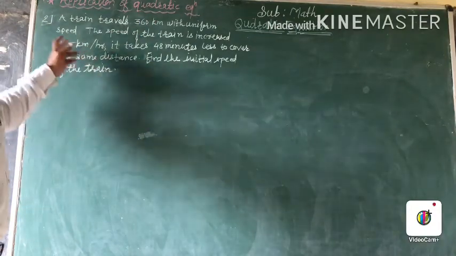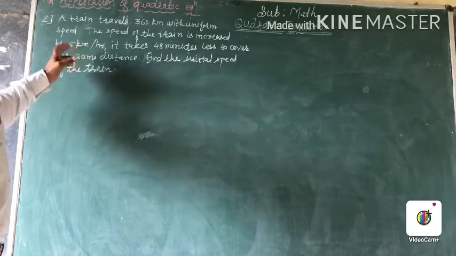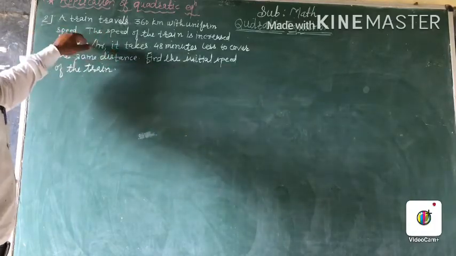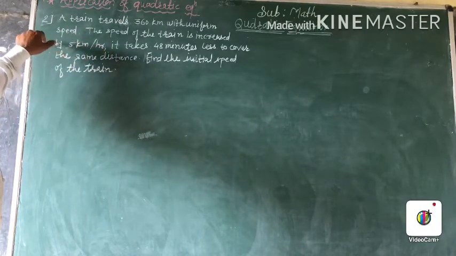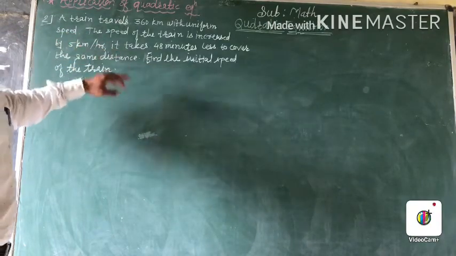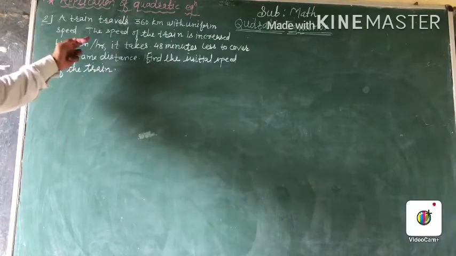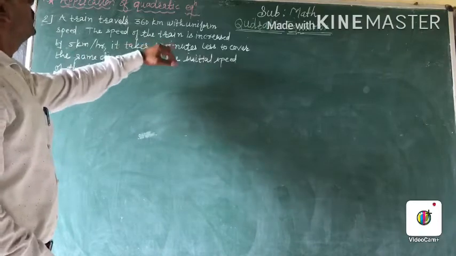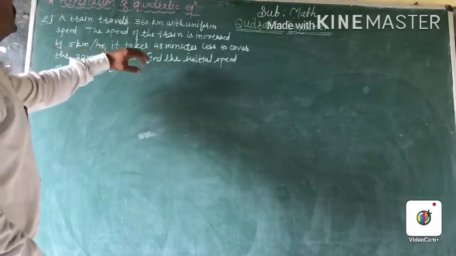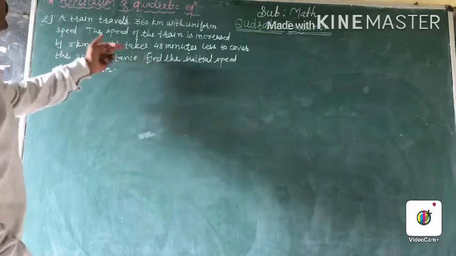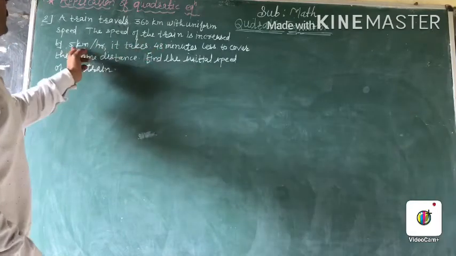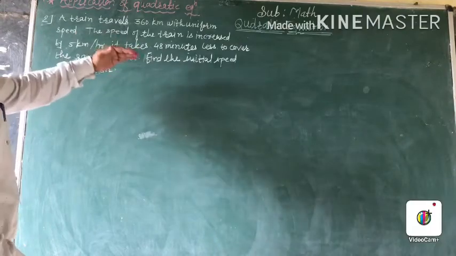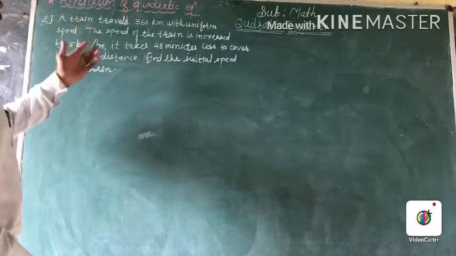In the first case, with the initial speed, it travels with that initial speed and takes more time. If the speed of the train is increased by 5 km per hour, it takes 48 minutes less time than the first time.